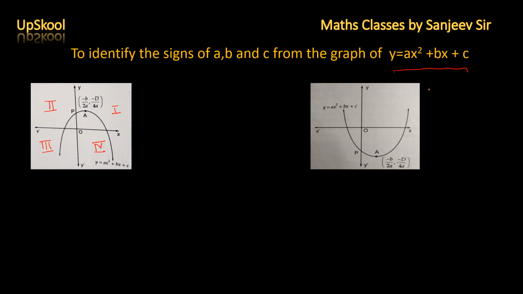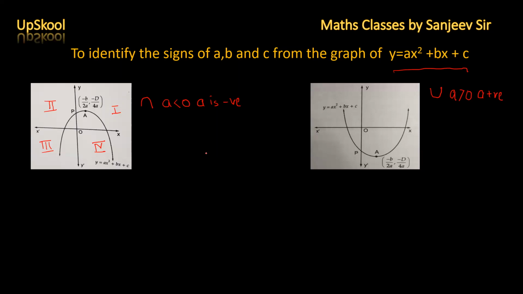If it is opening upwards, then the value of a is greater than 0, that is, a is positive. If it is opening downwards, then a is less than 0, that is, a is negative.